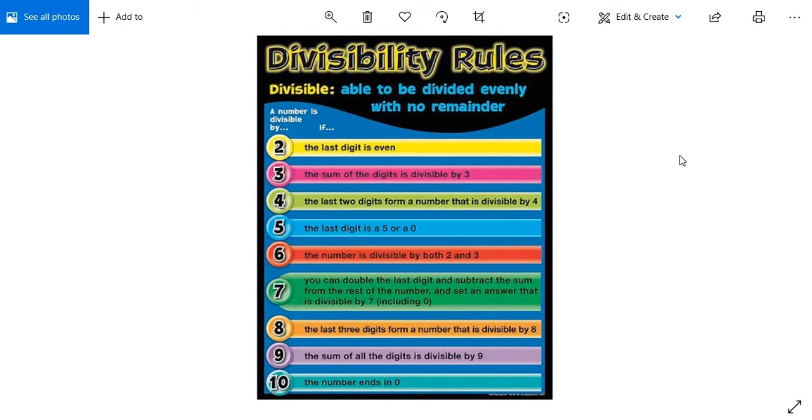So we have 2, the last digit is even. 3, the sum of the digits is divisible by 3. 4, if the last 2 digits form a number that is divisible by 4. 5, the last digit is 5 or 0. 6, the number is divisible by both 2 and 3. 7, you double the last digit and subtract it from the rest of the number, and you get an answer that is divisible by 7. 8, if the last 3 digits form a number that is divisible by 8. 9, the sum of all digits is divisible by 9.